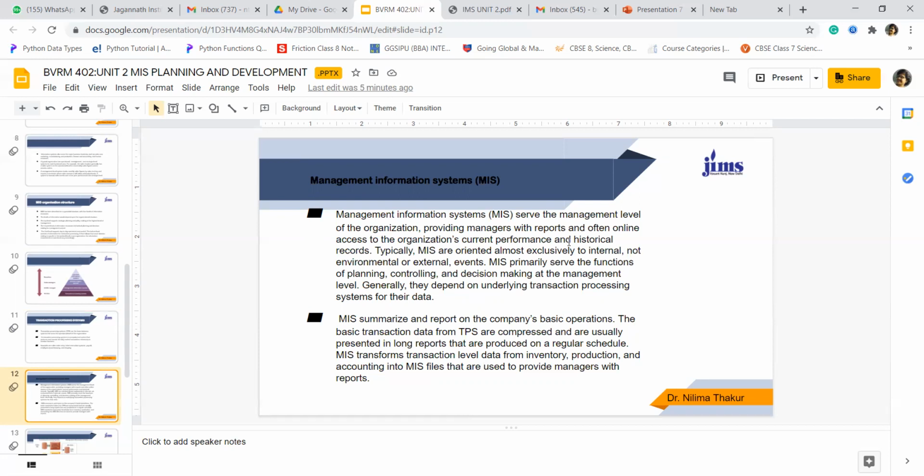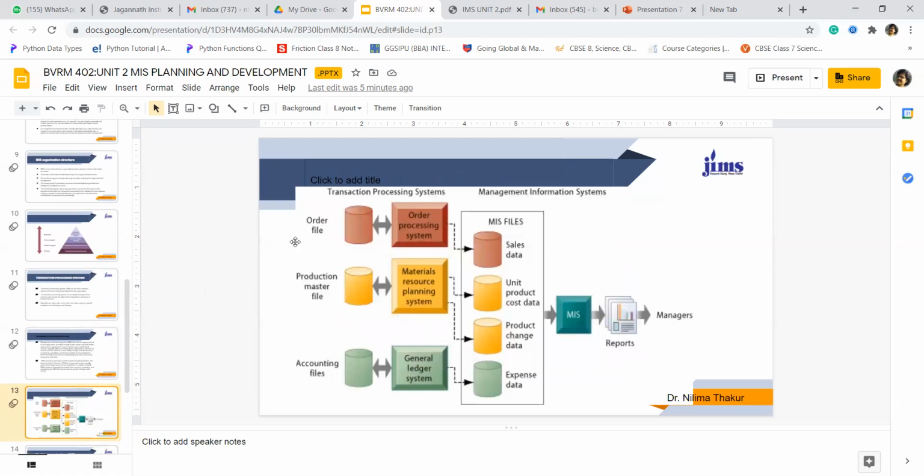The basic transaction data from TPS are compressed and are usually presented in long reports that are produced on a regular schedule. MIS transforms transaction level data from inventory, production, and accounting into MIS files. You can see here the diagrammatic representation of TPS and MIS.